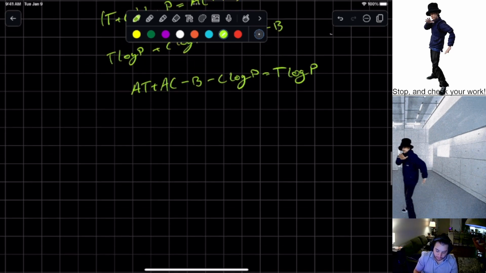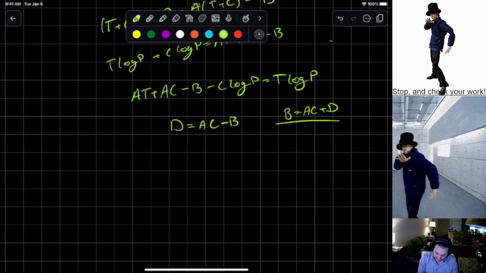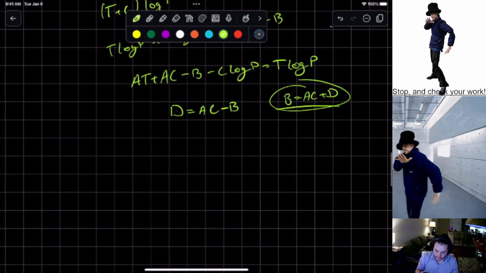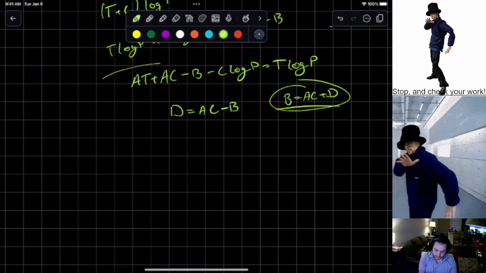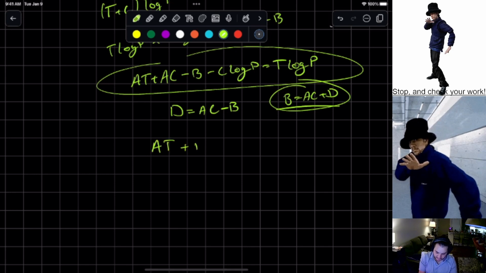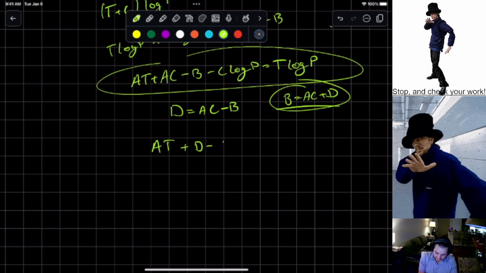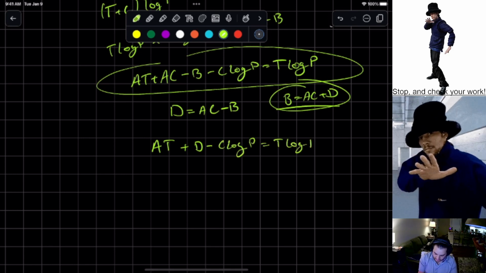We can make D equal to AC minus B, and then inversely, B is equal to AC minus D, but that's for a different story. So we can get our design matrix and our matrix vector equation from this equation right here if we substitute in D. So we have AT plus D minus C log P is equal to T log P.